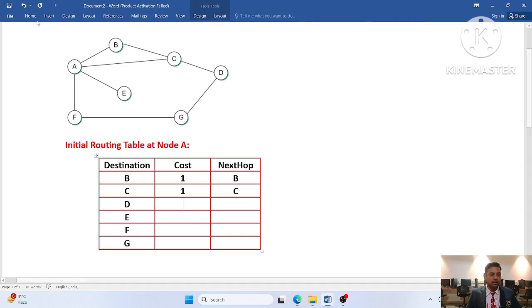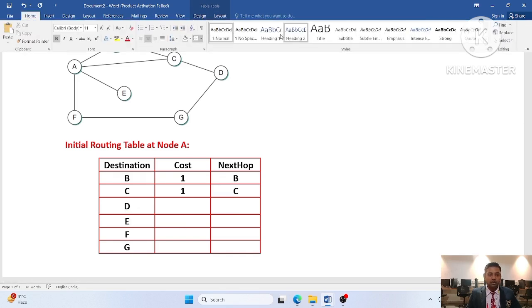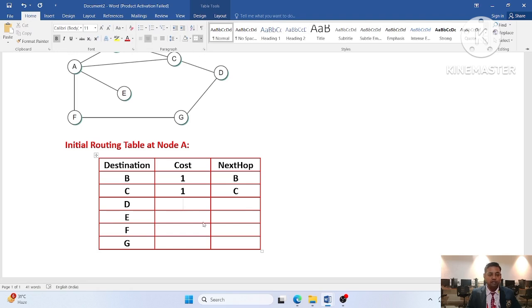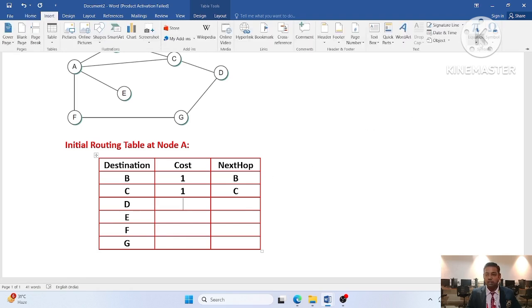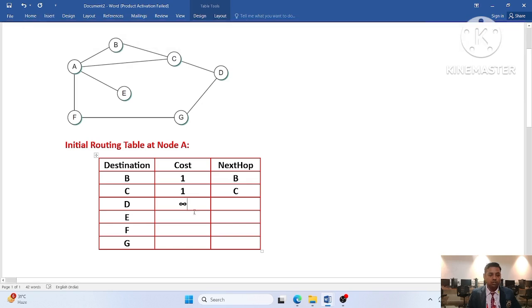It will assign an infinity value, since we don't know the cost. I also don't know the next stop router, so the next stop router is dash.